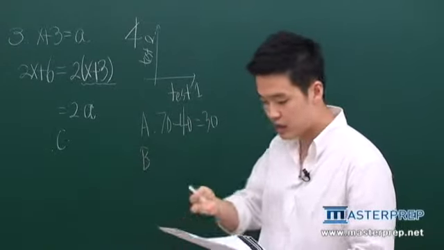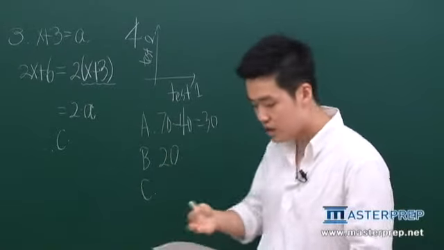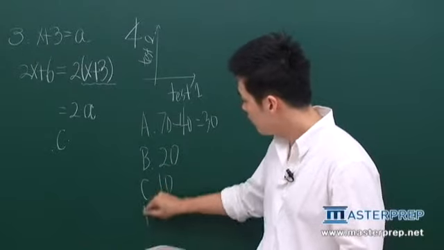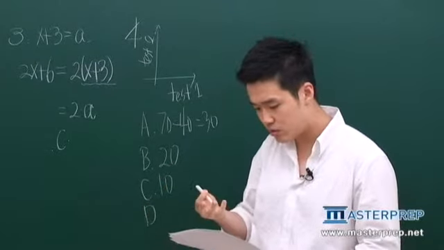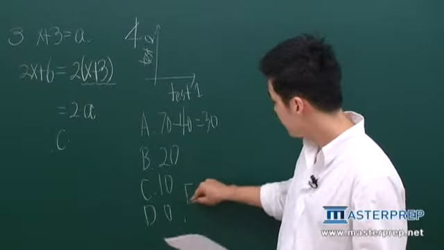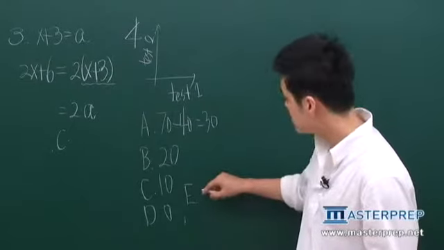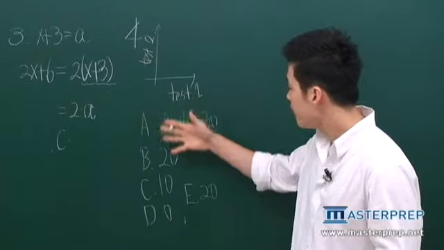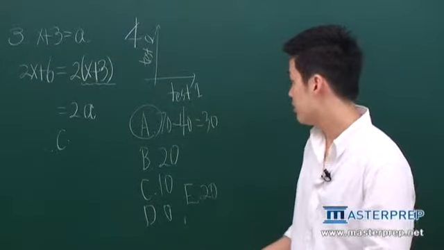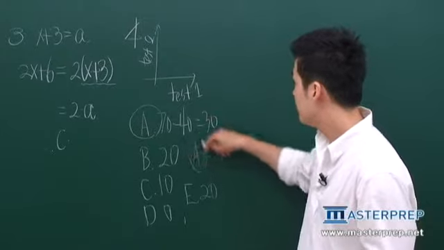B is 60 minus 40, which is equal to 20. C is 70 minus 60, which is 10. D is 80 minus 80, so there's no difference. E is 80 minus 60, which is 20. So out of A through E, A has the greatest change in test scores between test 1 and test 2. So A is the answer for number 4.